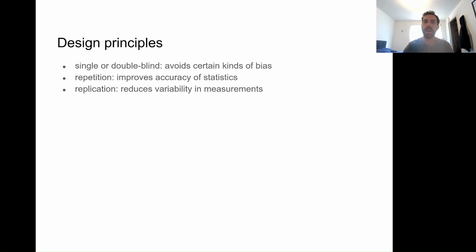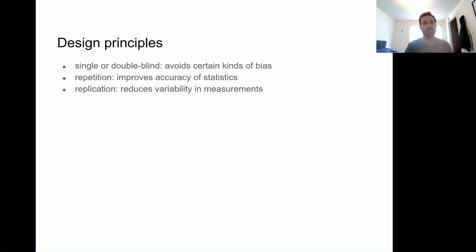So these are not different types of experiments. These can be applied to any situation in which an experiment is occurring, but these are some principles to be aware of when you're designing your experiment. So single or double blind is what it sounds like. It means that in the case of double blind, both the participant and the researcher or experimenter are not aware of which subjects fall into which group.